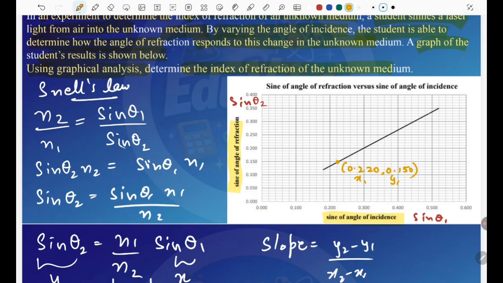For the next value, I will take something from here. So this is again 0.4060. If you want to take another value from here, you can take that value, but it should be accurate. Not very accurate, but it should be something accurate.